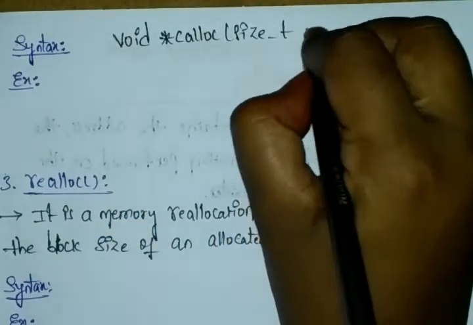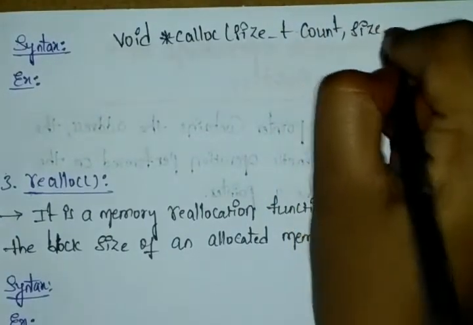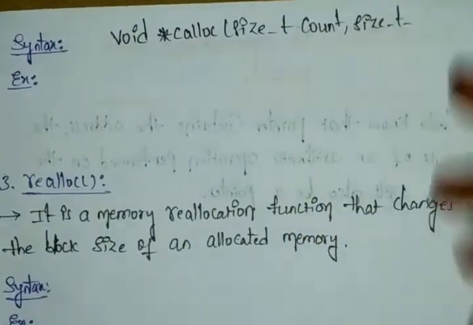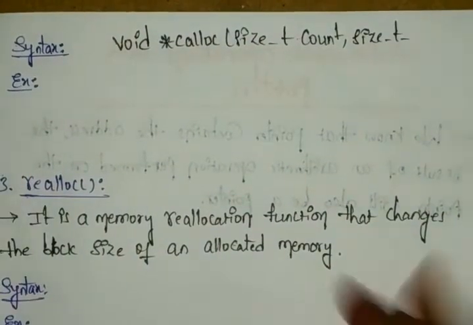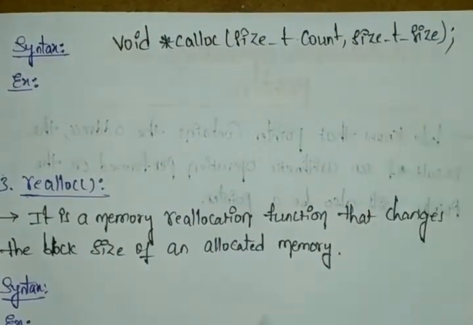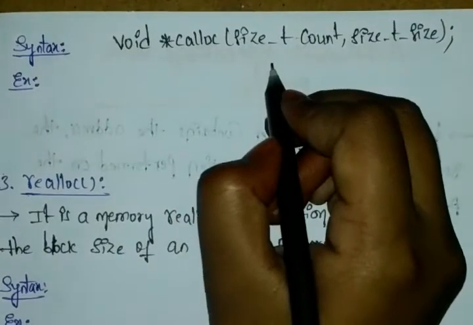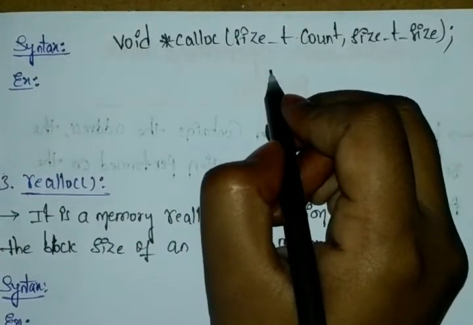Also, it has a count. Whatever size you have, you can define the size here. Right? So whatever size you have here, it is defined in the standard input output header file.